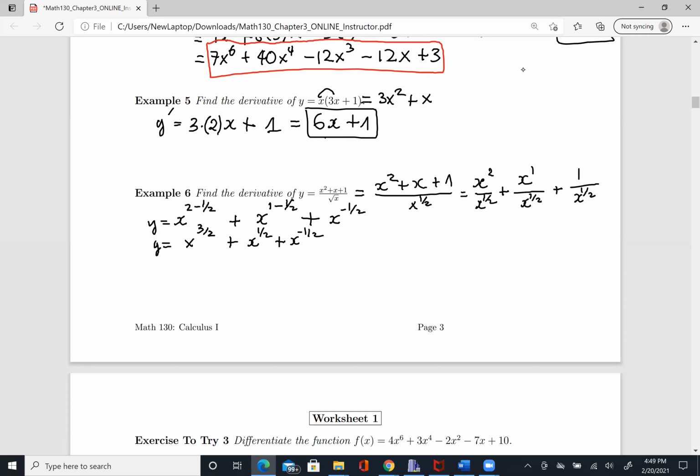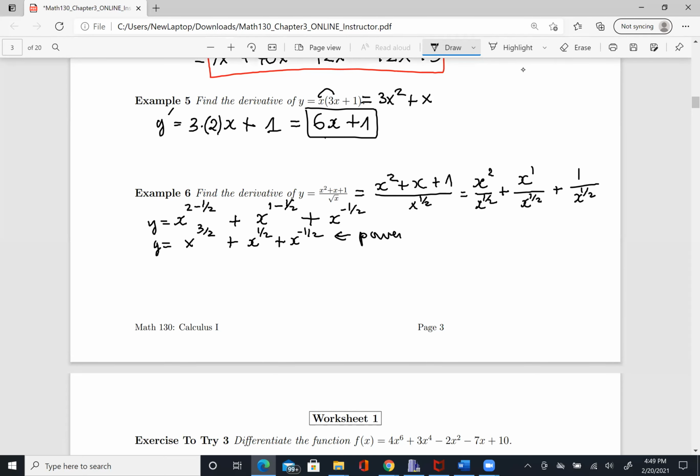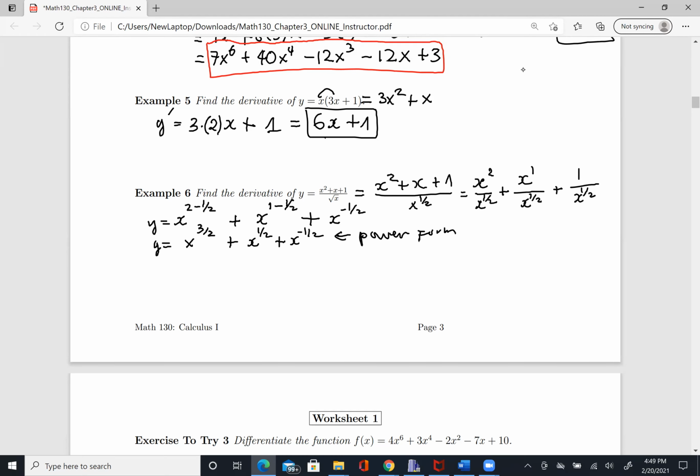Now you have the power form already. Okay, it is power form already, right? You can apply the power rule. So now you're going to have the y derivative as: first term will be 3/2 put down multiplied by x to power, new power going to be 3/2 minus 1, right? And then you add 1/2 put down multiplied by x to power 1/2 minus 1.